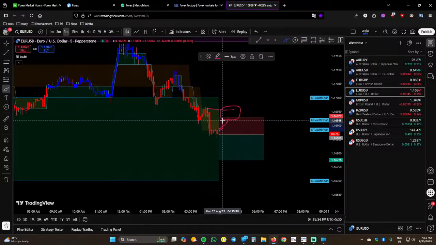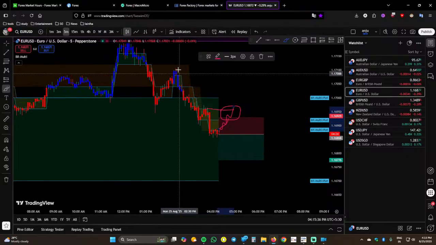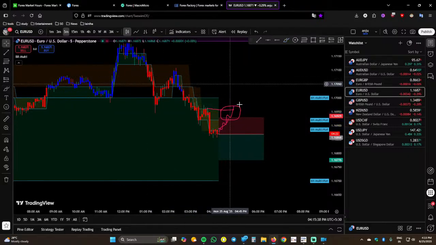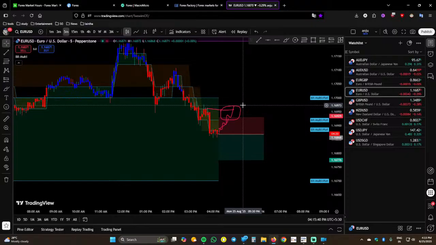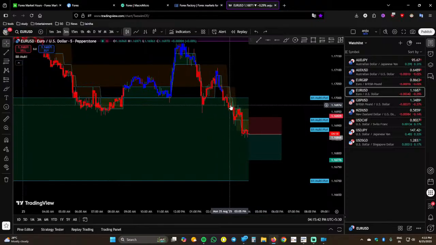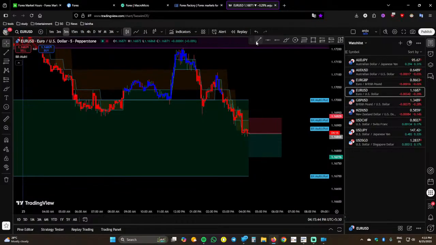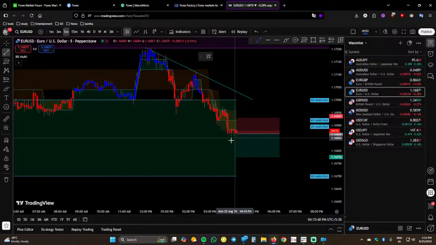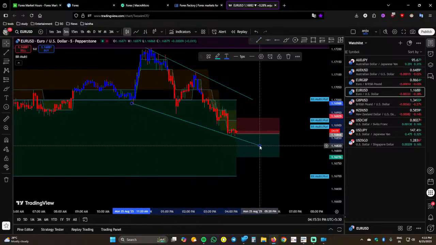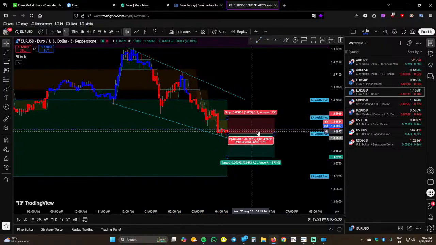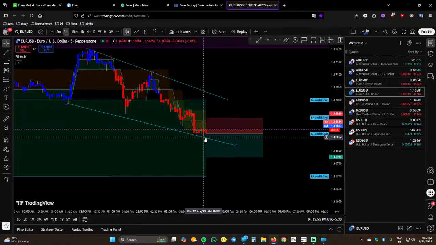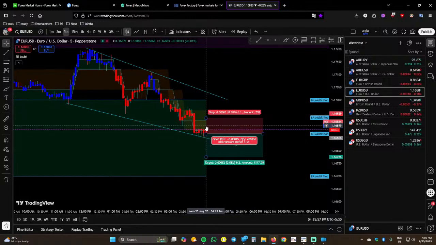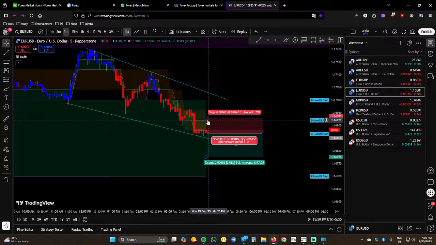But I don't see a bullish box happening because we are already in a downward trend. But it's still a possibility, because anything can happen. Price has been rejecting this level. It can go back up, reject this level, and then drop back.